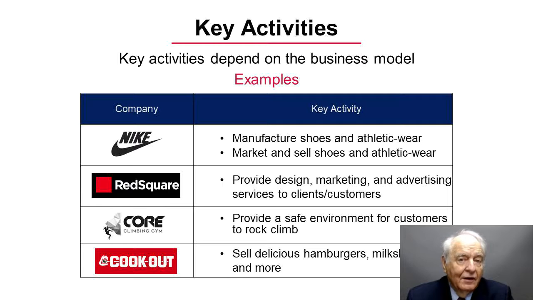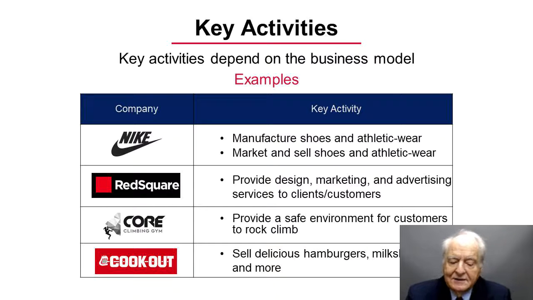Or if they're not going to design the factories and build them themselves, they then have to have the key activity of finding other factories around the world that can manufacture and produce these goods, and the key activity of training the employees and operations of these factories to deliver. So do you see the difference between key activity, which is what you do, as opposed to what you deliver?